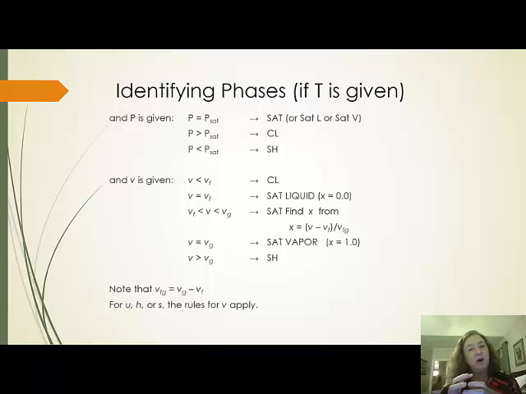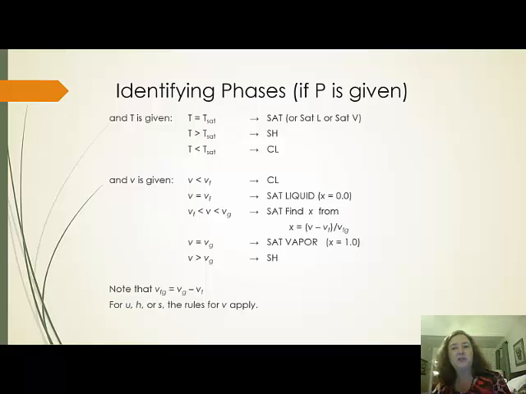If the volume is smaller, then that's going to be a compressed liquid. Okay? I can also do this. The rules work in the same way for U, H, and S. If you just remember that mathematically they work like V, it helps usually with being able to use those. Volume, I feel like you usually have a pretty good grasp of, oh, more space, that's more like a gas.